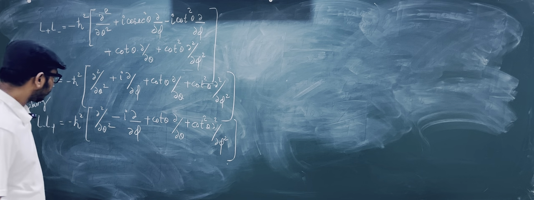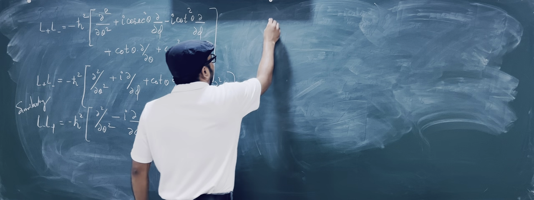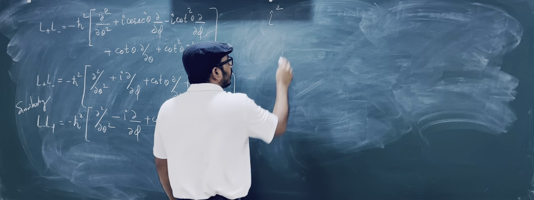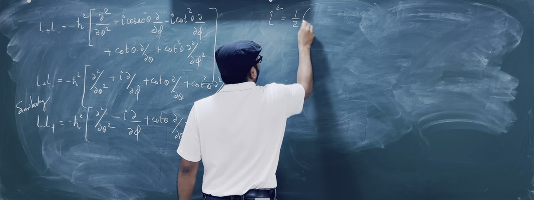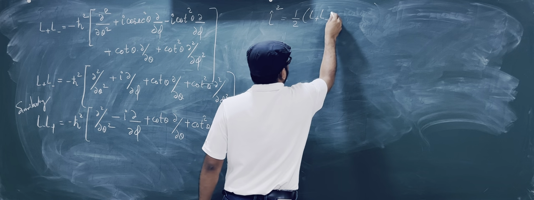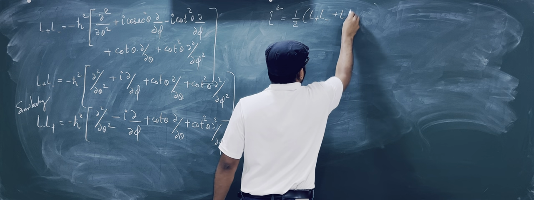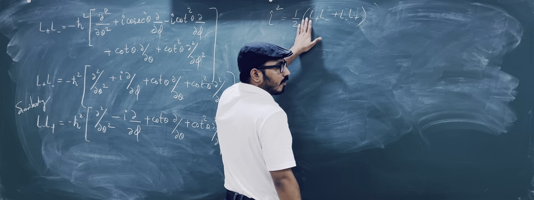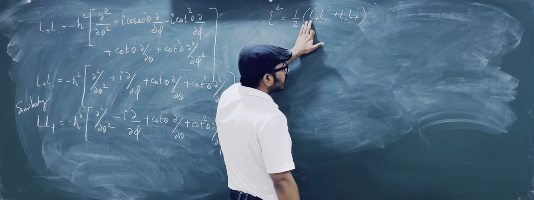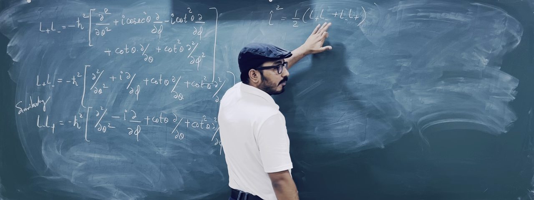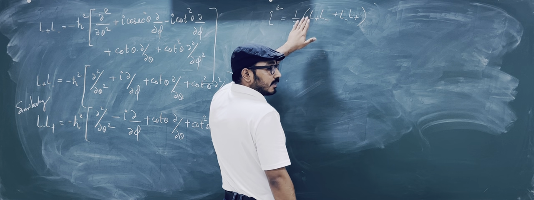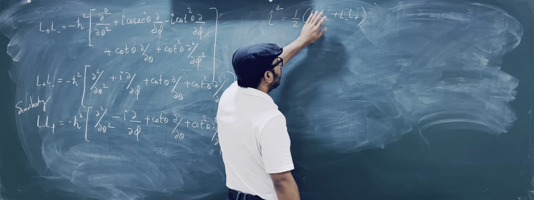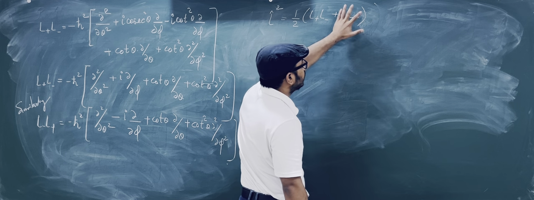So now we can write L operator square, the big guy which we are looking for, as half of L plus L minus plus L minus L plus. So we can see that this is Lx plus iota Ly, this is Lx minus iota Ly, this will become Lx square minus iota square Ly square, which is Lx square plus Ly square.